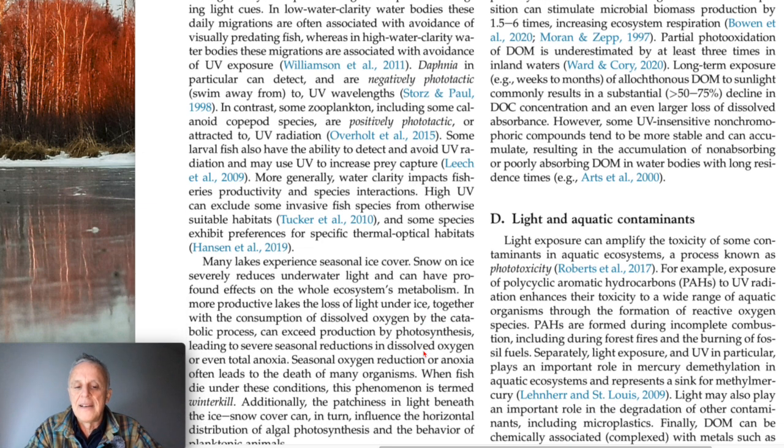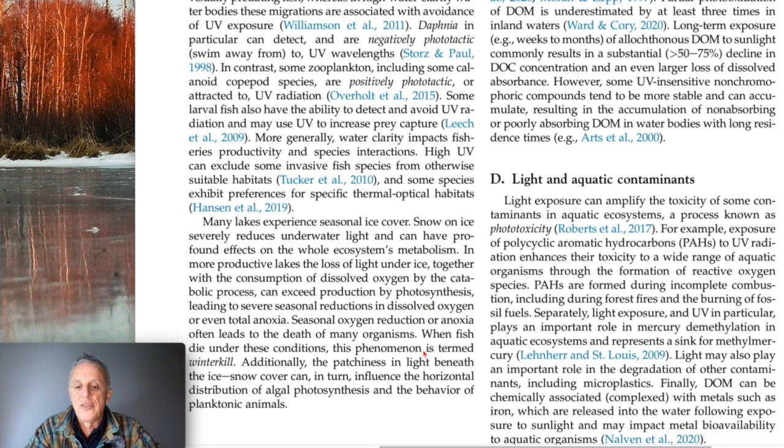Many lakes experience seasonal ice cover. Snow on ice severely reduces underwater light and can have profound effects on whole ecosystem metabolism. In more productive lakes, the loss of light under ice together with the consumption of dissolved oxygen by catabolic processes can exceed production by photosynthesis, leading to severe seasonal reduction in dissolved oxygen or even total anoxia.